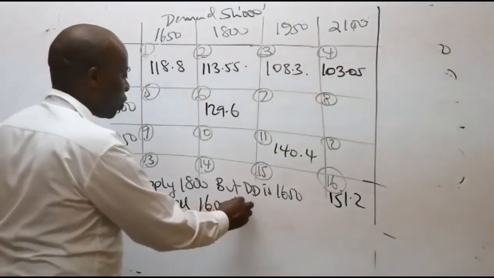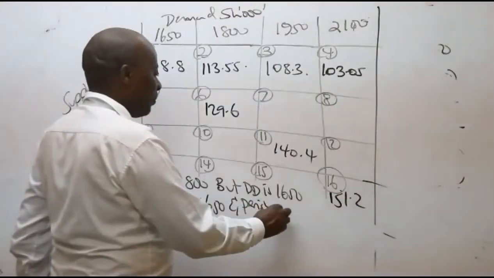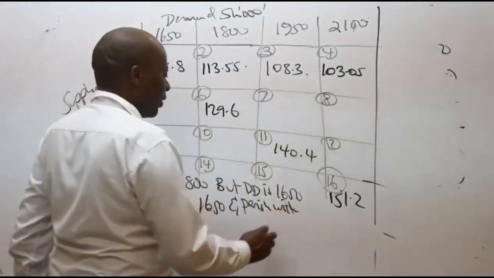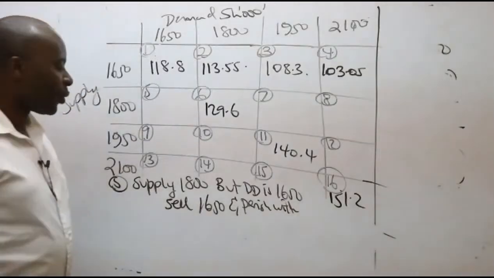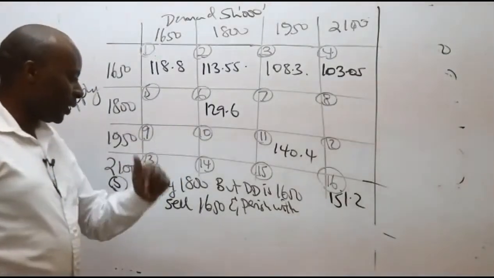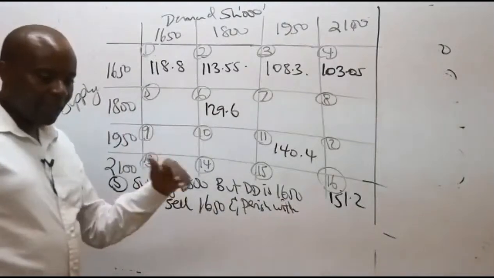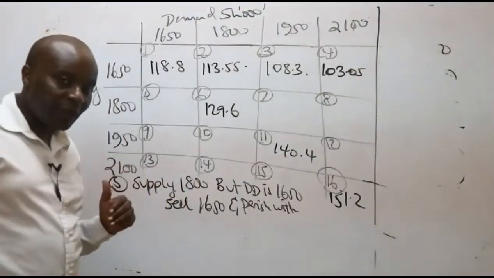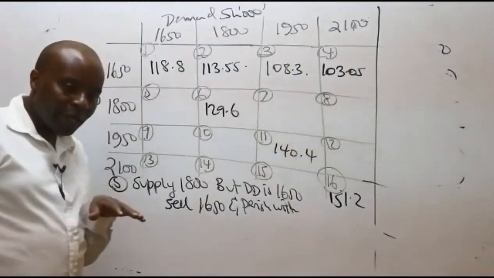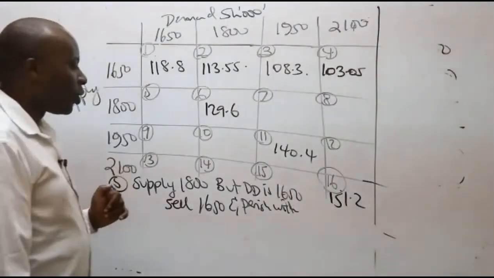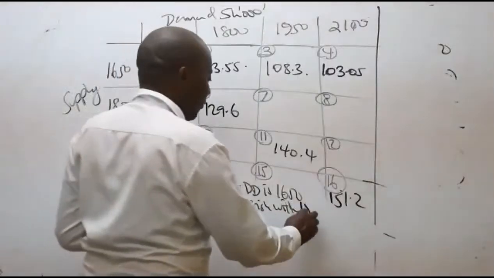And perish with how many? Here we had supplied 1800, but demand is 1650. So I can see myself having some excess quantities without customers to buy. So you're going to perish with 150.